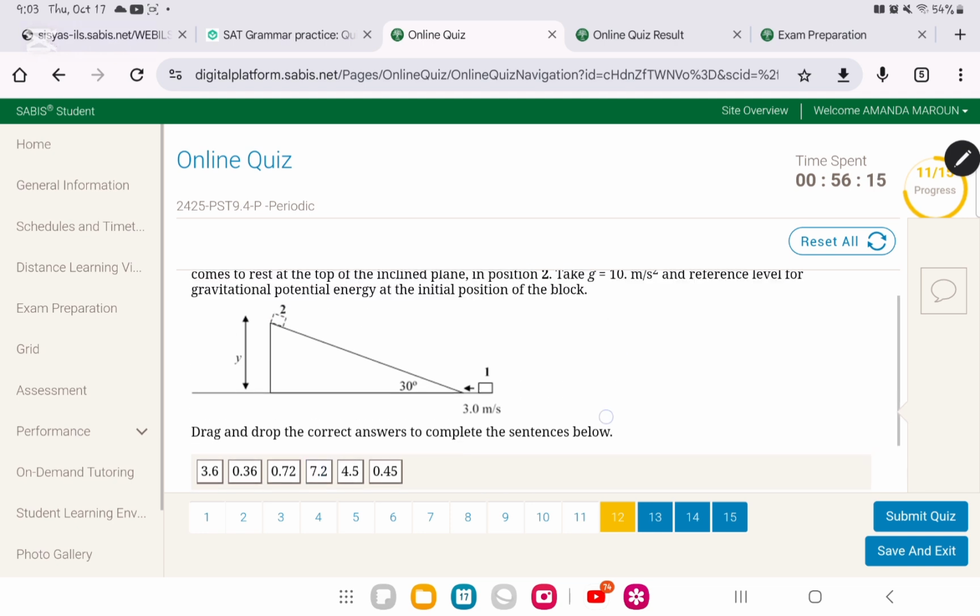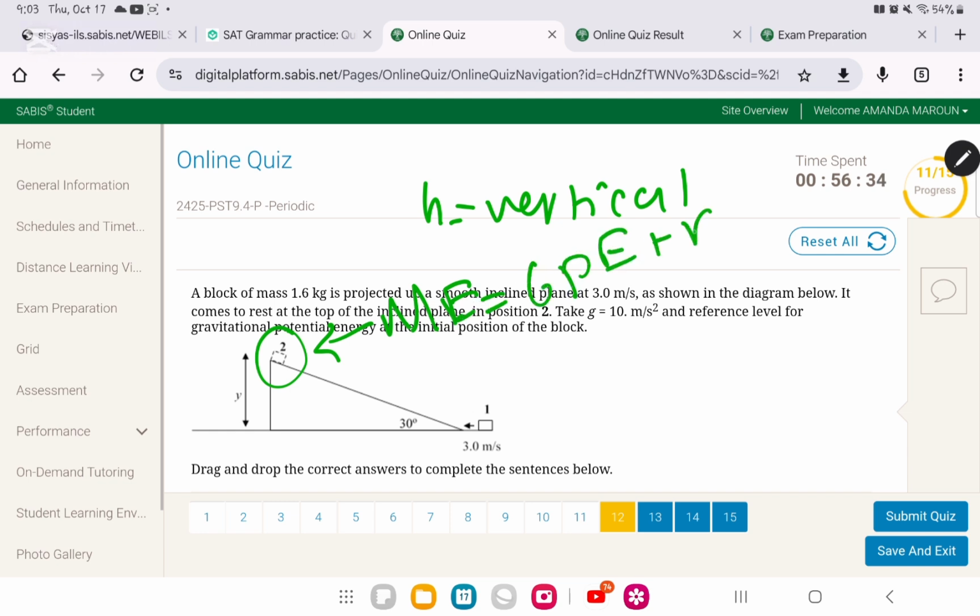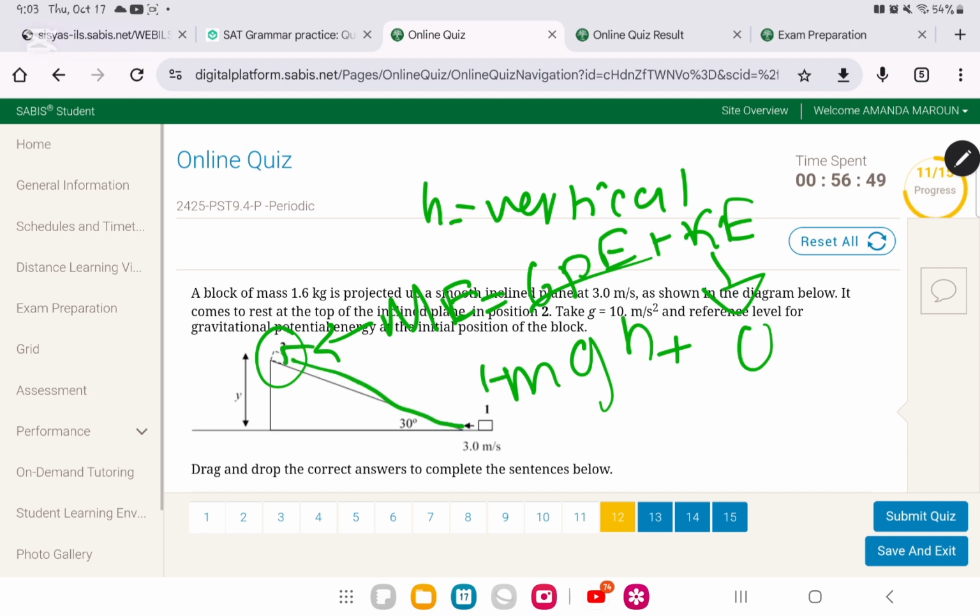Now the elevation of the inclined plane y, they're asking for the height. Now we said height is equal to the vertical distance, yes? So we have here the mechanical energy is equal to gravitational potential energy plus kinetic energy. We know the kinetic energy is 0 because it is at rest. Plus the gravitational potential energy, which is mgh. It's plus mgh. Why? Because it's going upwards, up a smooth inclined plane.